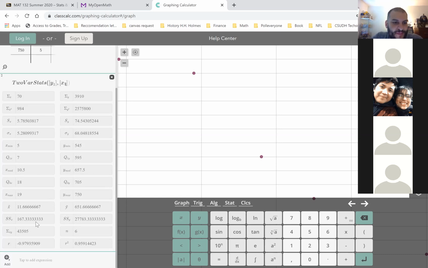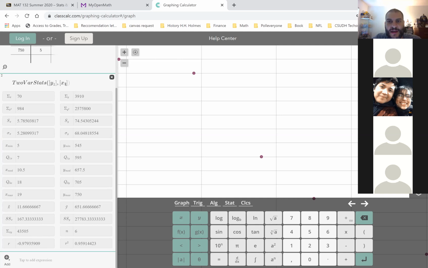If I go all the way to the bottom, we get exactly the same thing, -0.9793. So it doesn't matter the way you arrange the X and Y variables, you're still gonna get the same R value. All right, so that's it for that example.